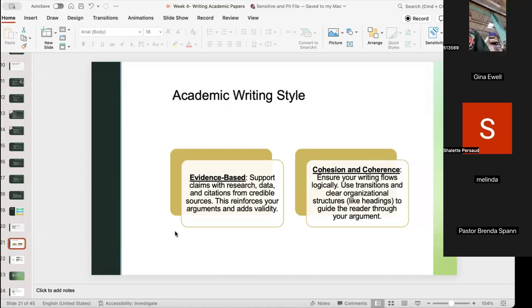In your writing you should not be making up research, of course, not making up claims that you have not read about. You need to support the claims that you've made with good, strong, up-to-date research and data, and making sure, once again, that your citations and your research are coming from credible sources.